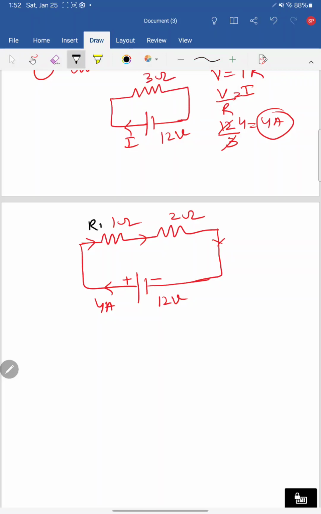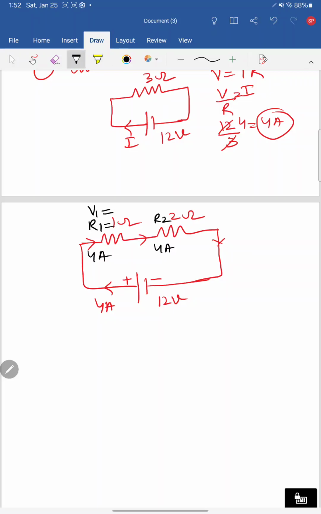So this is R1, this is R2. The first thing which was asked is the value of current through all the resistors connected in series. So we got to know that here also it will be 4 ampere, here also it will be 4 ampere. Now let's calculate the value of V1 and V2.